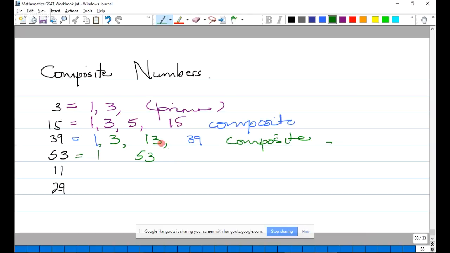So what type of number is that then? Prime, sir. Okay, so 53 is prime. What about 11? Prime, sir. 1 and 11. So this means that number is prime. What about 29? Prime, sir. 1 and 29. So again, this one is also prime. All right, guys. Thank you.